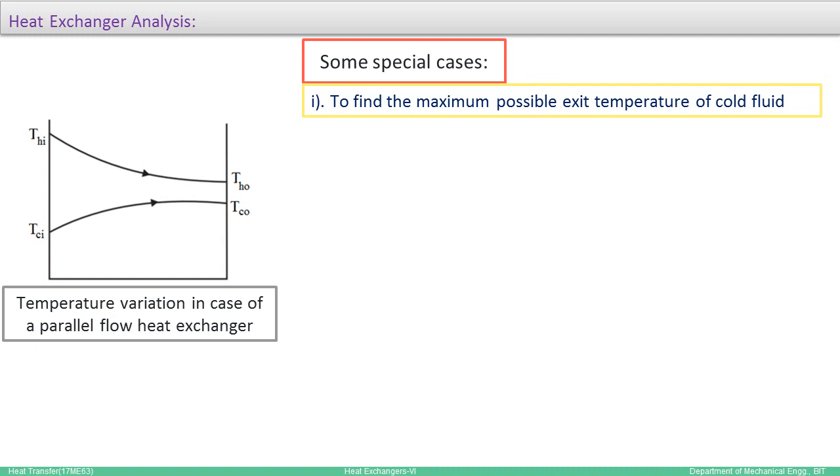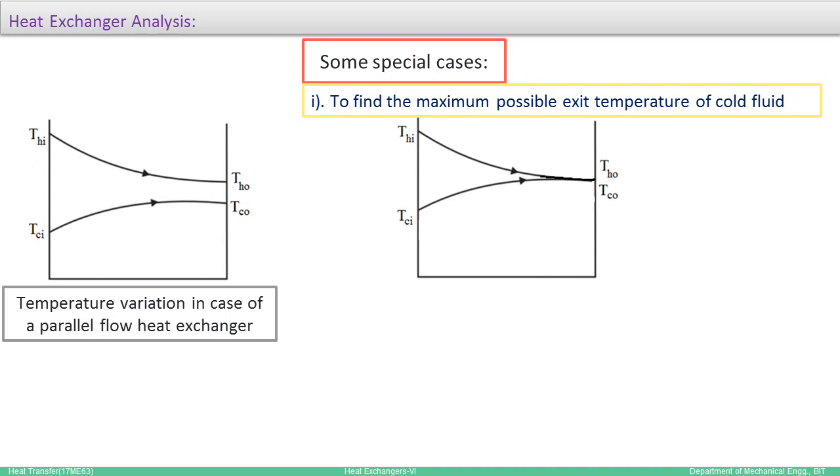Tc naught becomes Th naught as shown in the sketch. The maximum possible exit temperature of cold fluid is Tco equal to Tho. So in case you need to find this out, you just put Tho equal to Tco in the equations for Q and get the corresponding value.